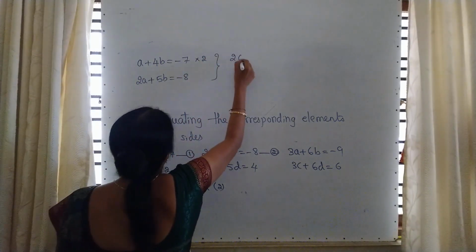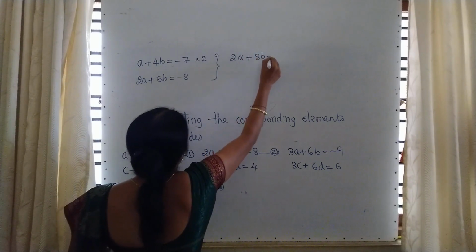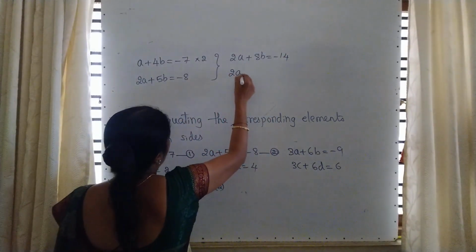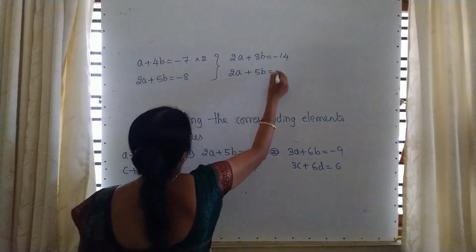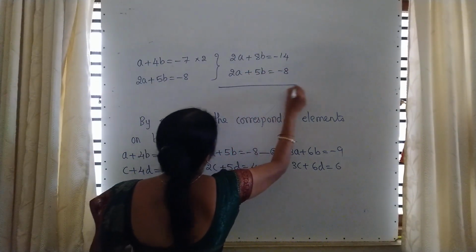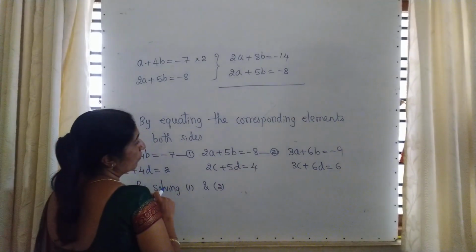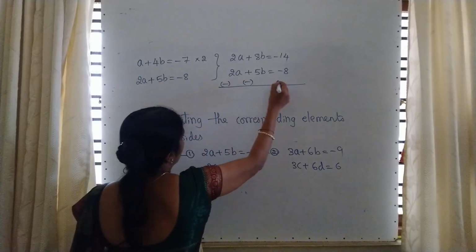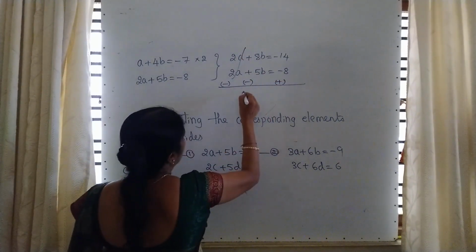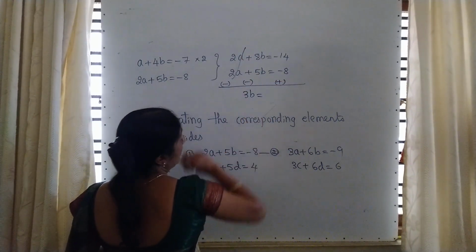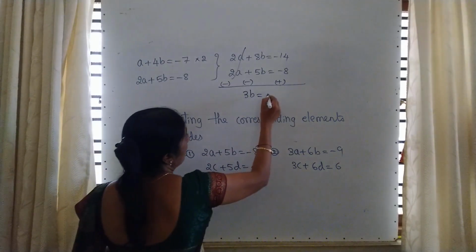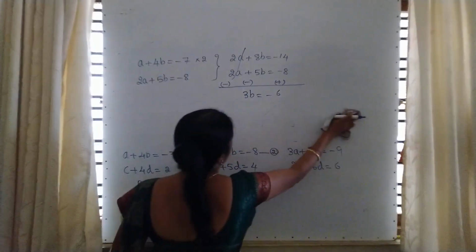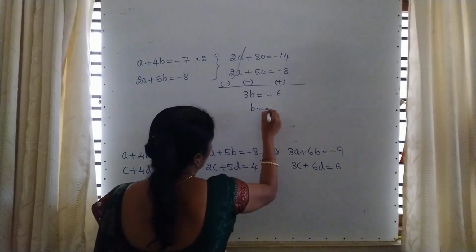Then it will be 2A plus 8B is equal to -14. Each element is multiplied with 2. The second one I kept as it is. And in simultaneous equations, depending on the problem, either you go for addition or subtraction. When you are going for a subtraction, we have to change the sign. This is 3B, and -14 plus 8 is -6. Then what is B? B is -2.